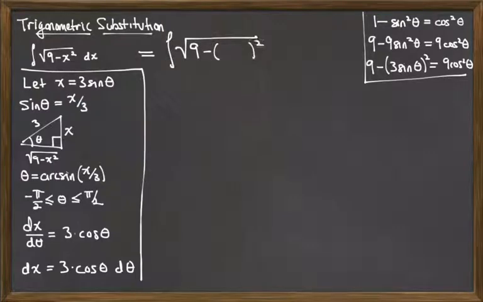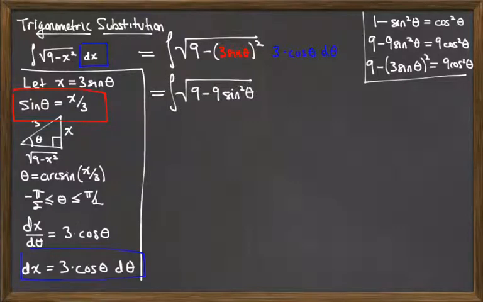My integral is of the form 9 minus x squared. X we've decided to be equal to 3 times sine of theta. So where I see x, I'll replace it with 3 sine of theta. But remember to substitute out the differential as well. dx is part of the expression. We calculate it to be 3 cosine of theta d theta, and so that will appear in our integral as well.